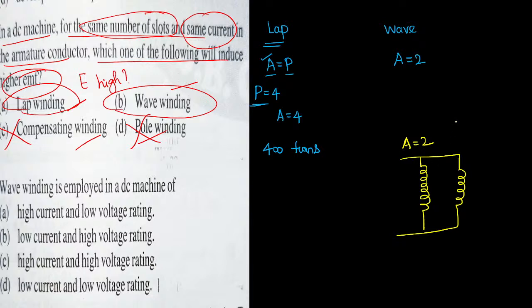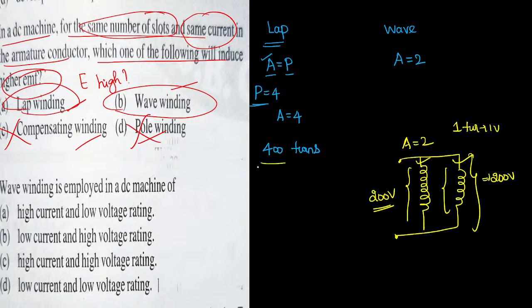Suppose one turn generates 1 volt, then these 200 turns will generate only 200 volts. Since these two sets of 200 turns are connected in parallel, the voltage remains the same. If 200 volts is induced in one coil, the same 200 volts is induced in the other, so at this terminal the net voltage will be only 200, it is fixed.